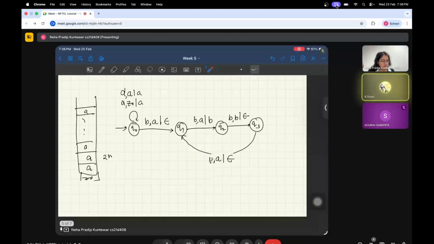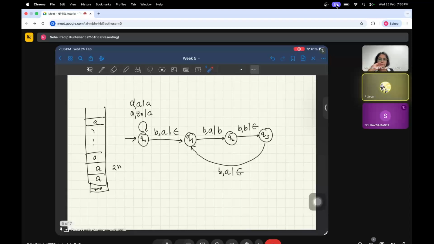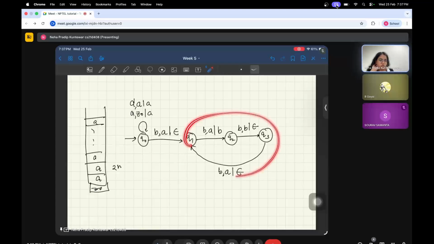So in this implementation, corresponding to three Bs, I would be popping two As, and you can check whether it is. That is not what this loop is doing, right?